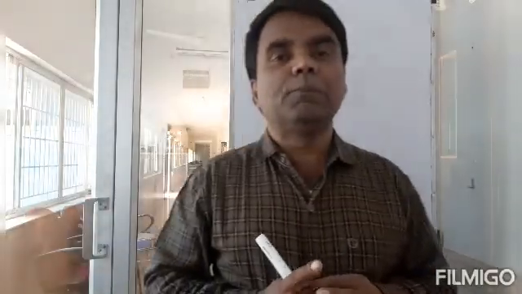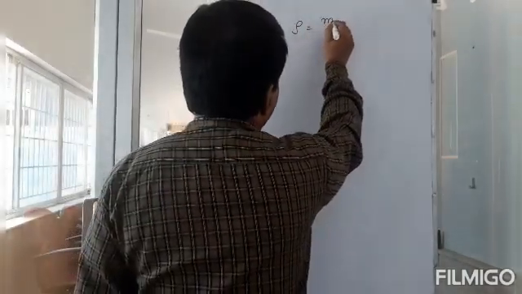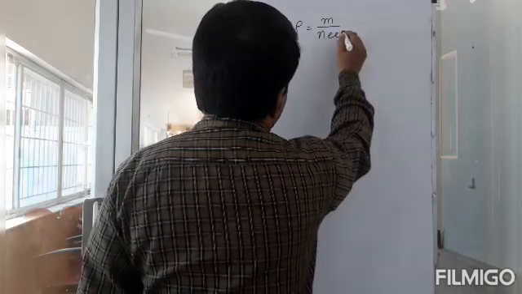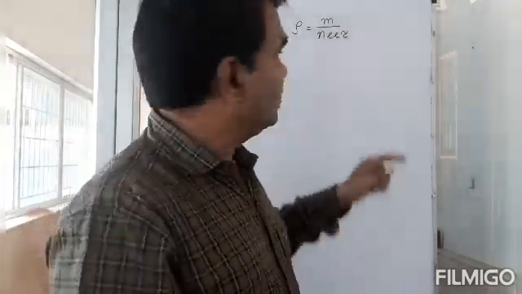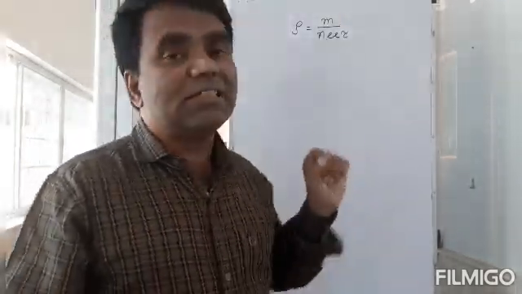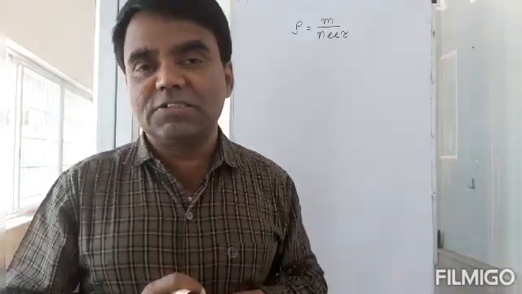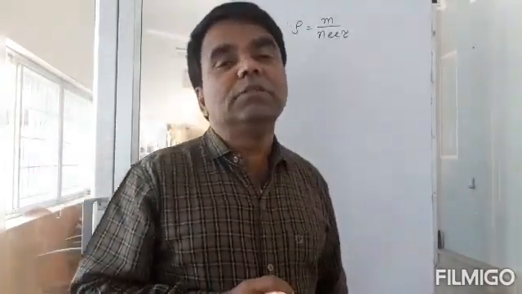Hope it's clear. Okay, now let's talk about the resistivity. We derived this expression for resistivity, which is rho equals m by n e squared tau, where m is the mass of the electron and n is the number of free electrons per unit volume of the material, and e is the charge on the electron, which is 1.6 × 10^-19 coulomb, so that's e squared now, and tau is the relaxation time, the time between collisions.